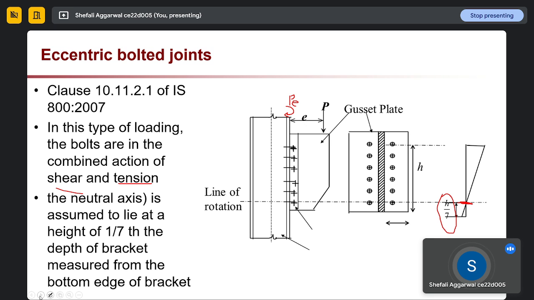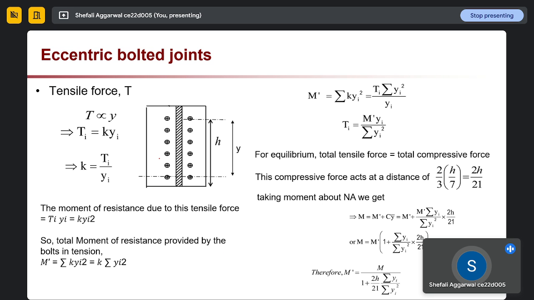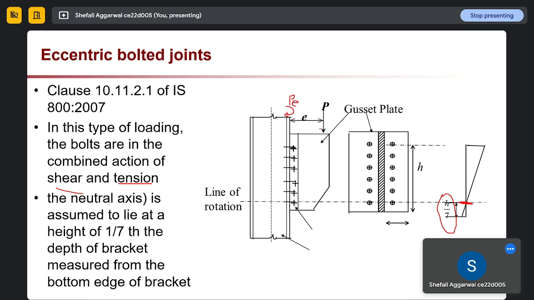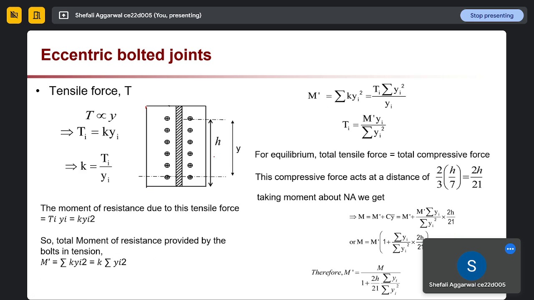Now let us look at the different forces applied to our bracket due to the bolts. First is the shear force: because of the shear force, a direct load P is applied. Next, how are we calculating the tensile force? Our tensile force will be proportional to y.